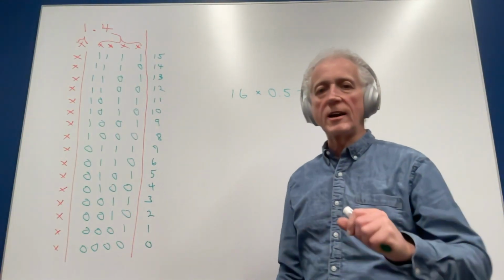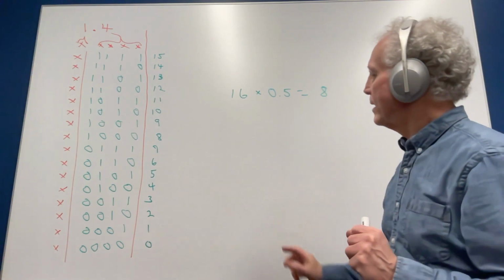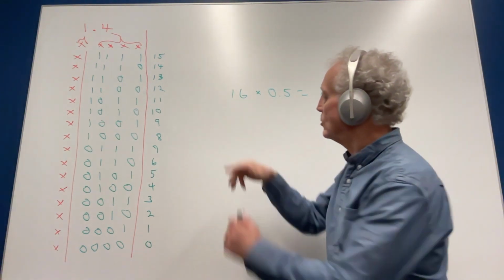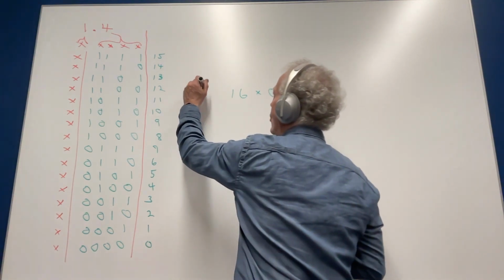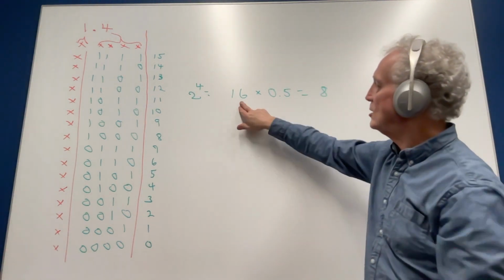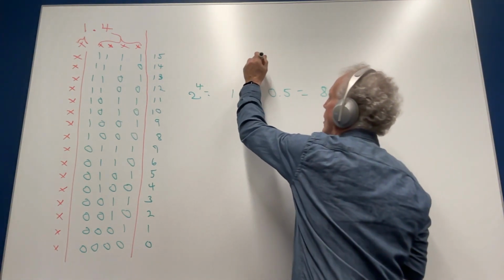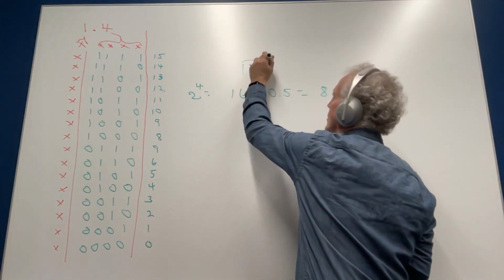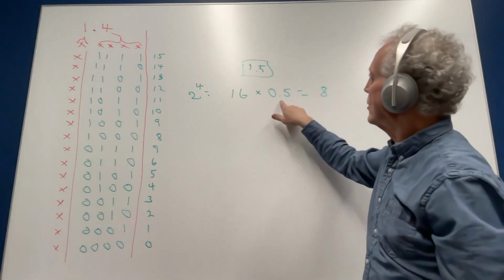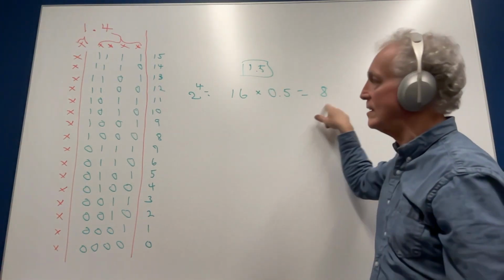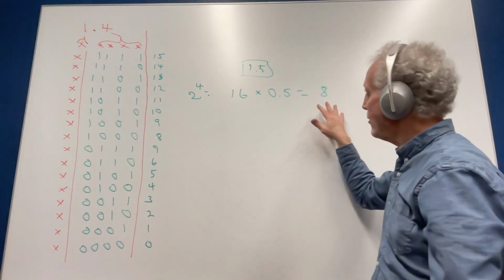Okay, I'm going to interject a little bit here. We had 2 to the 4, which is 16. So 16 total values times, and remember I was doing 1.5 a minute ago, the fractional part, 0.5, gives us the 8, and that's the 8 we used for the value.